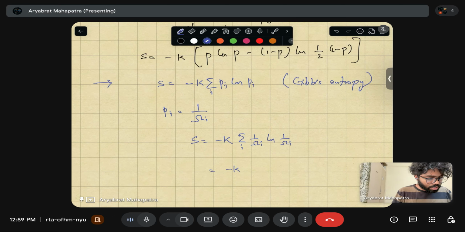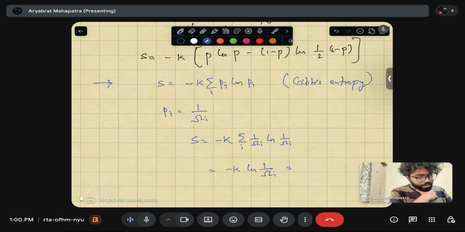So this turns out to be ln omega, which is what you see in Boltzmann entropy, k ln omega, where omega is the total number of microstates.